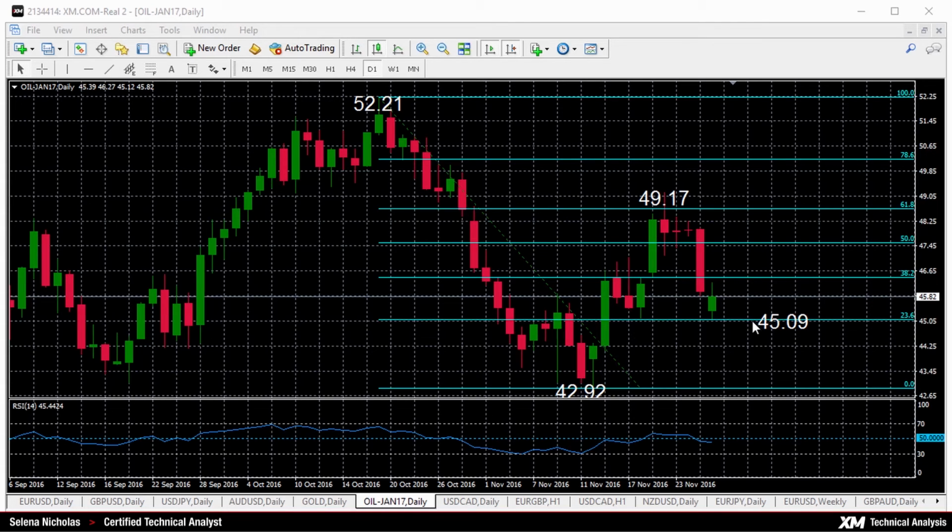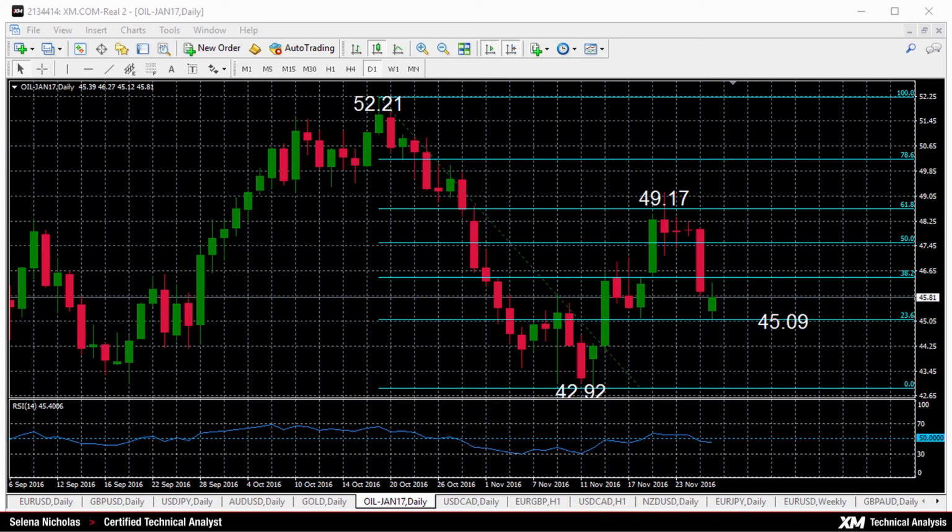So prices bounced, but reached this level, the 61.8 Fibonacci, before turning back down, and now we're at the 23.6 Fibonacci, around 45.09 right now. So this is definitely a near-term support level, and below this, of course, if prices see further decline, we'd target the 42.92 low, the November 14th low.